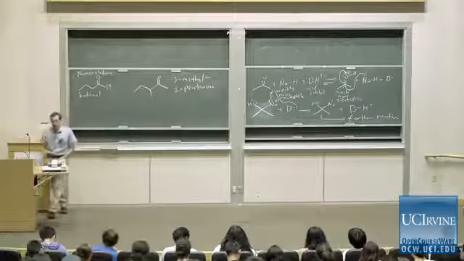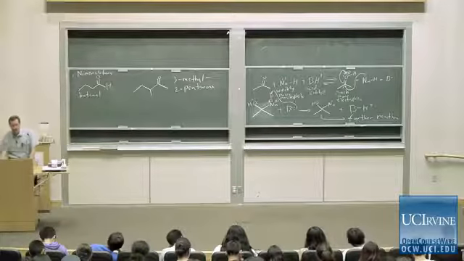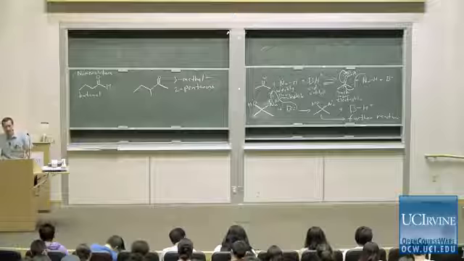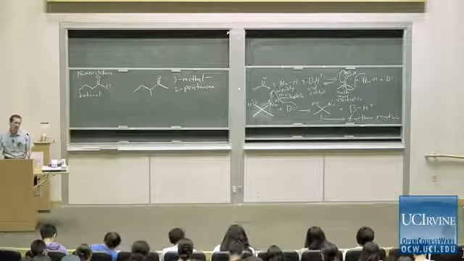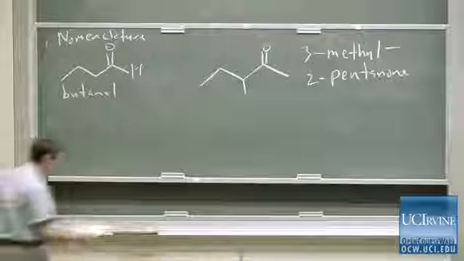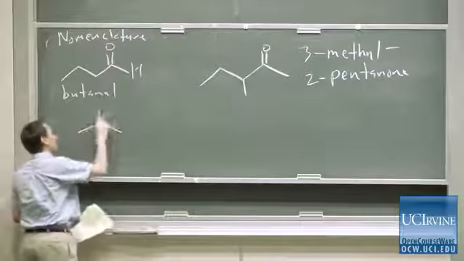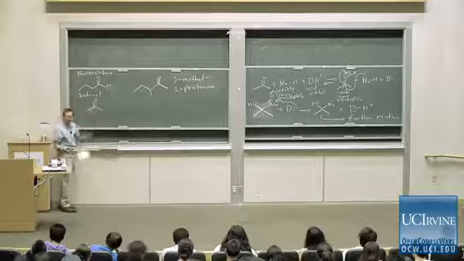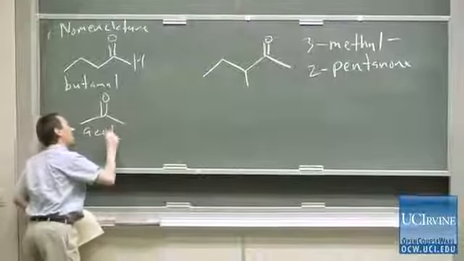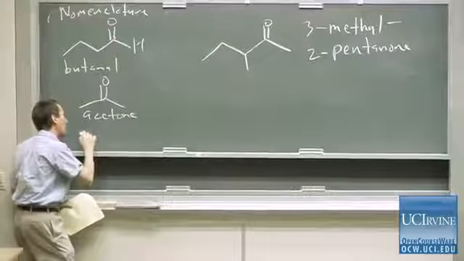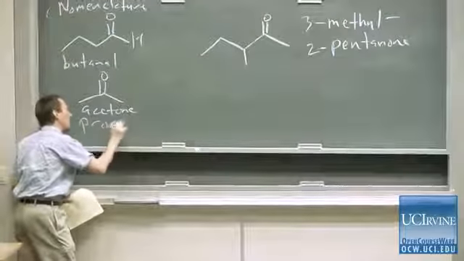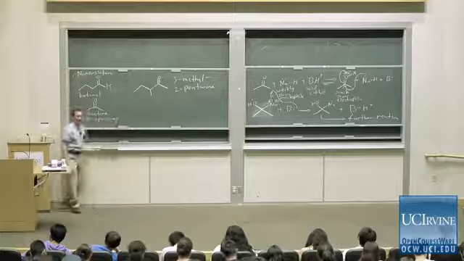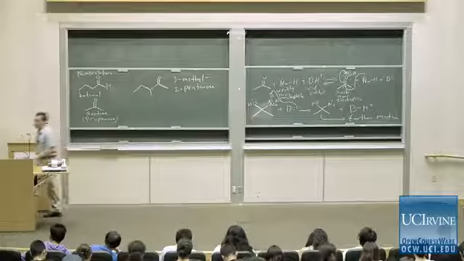Now, there are so many aldehydes and ketones that have common names that we would maybe never even use the systematic name. So for example, if I looked at this ketone, who knows what this ketone is? Acetone, exactly. I think I'd be very hard-pressed to say propanone for it, just because its common name, its nickname, is so ubiquitous.